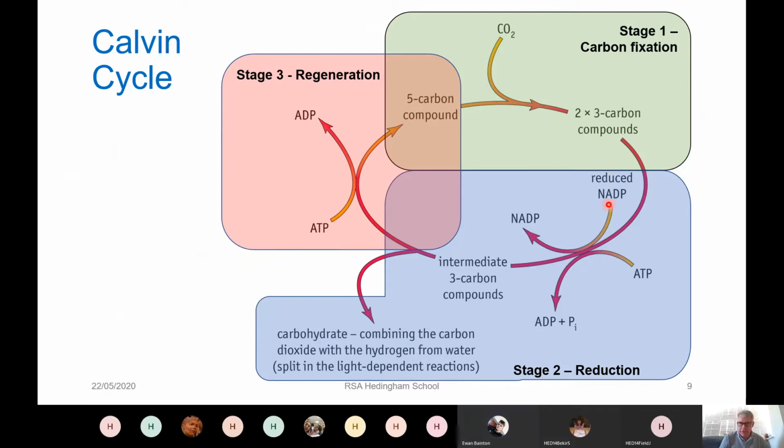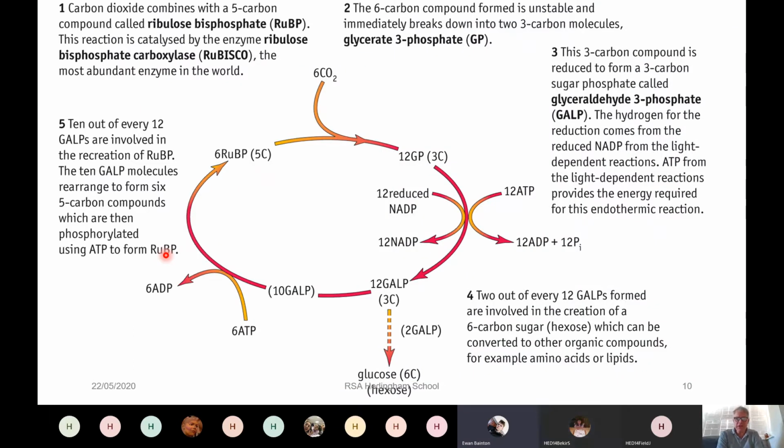So you won't have these 2 reagents here, so basically this stage won't happen, so you'll get stuck at this stage. Carbon dioxide will still be able to combine to produce the 3-carbon GP, but it won't continue any further than that.